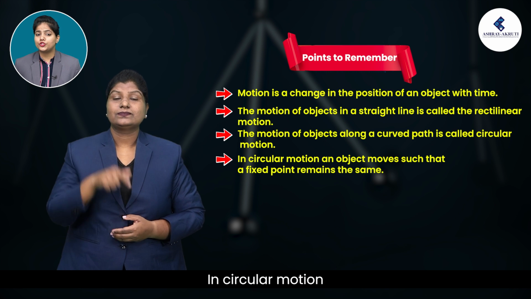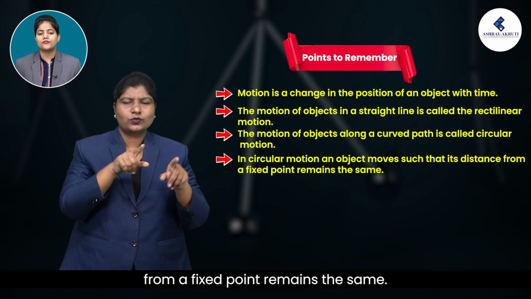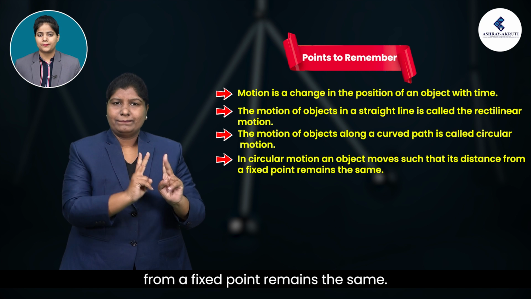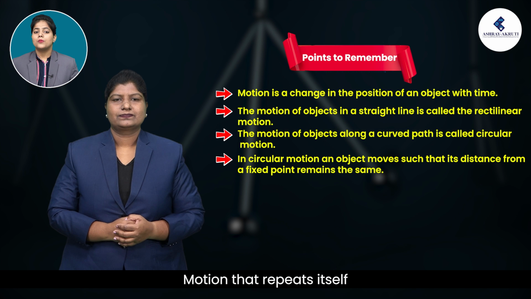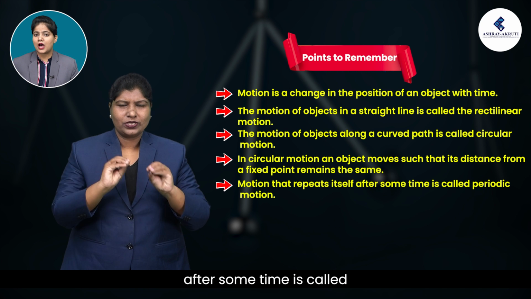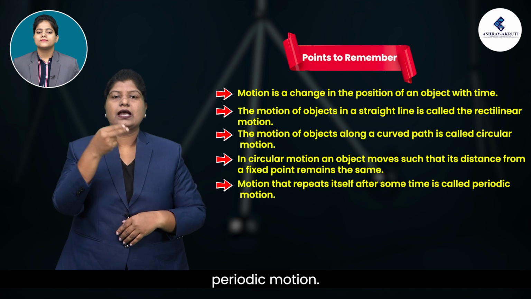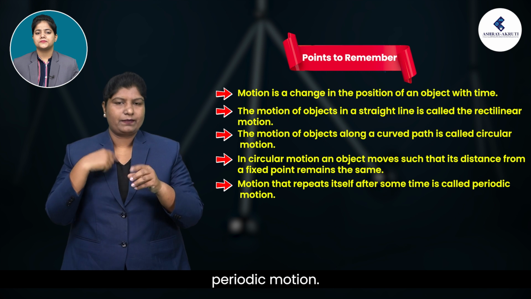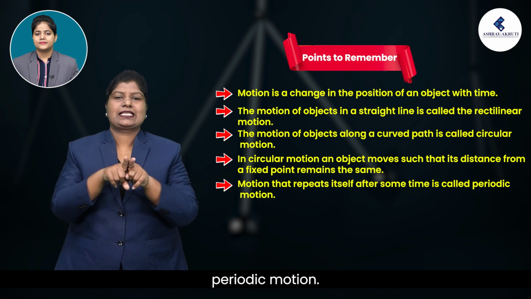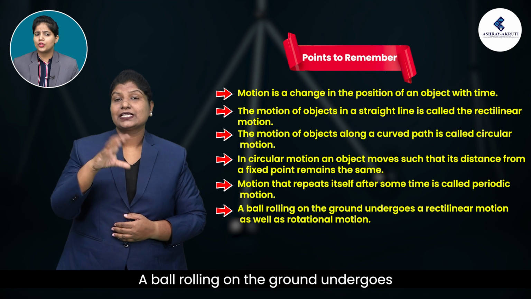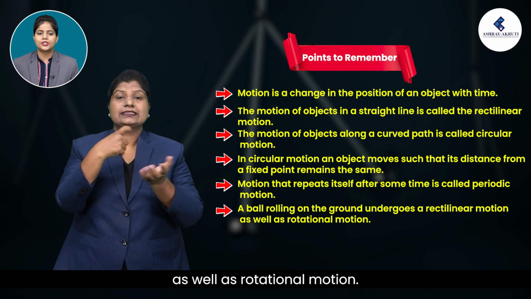In circular motion, an object moves such that its distance from a fixed point remains the same. Motion that repeats itself after some time is called periodic motion. A ball rolling on the ground undergoes a rectilinear motion as well as rotational motion.